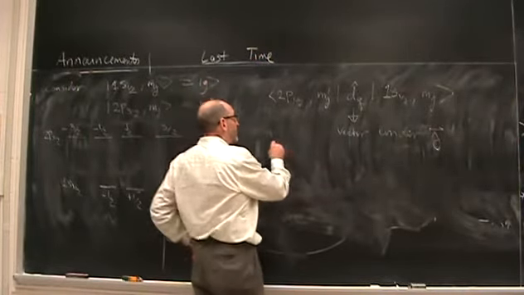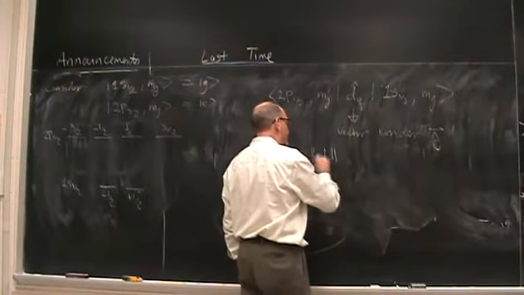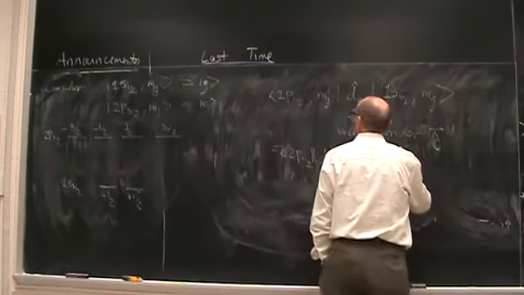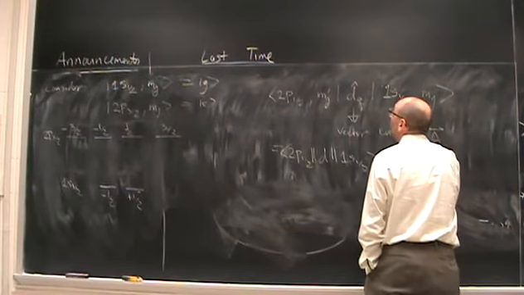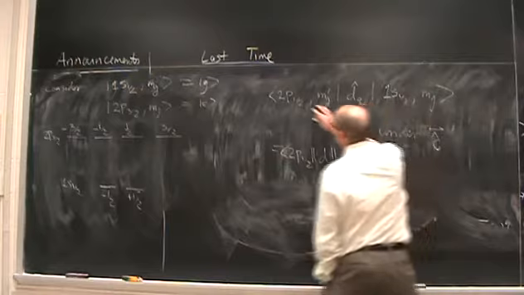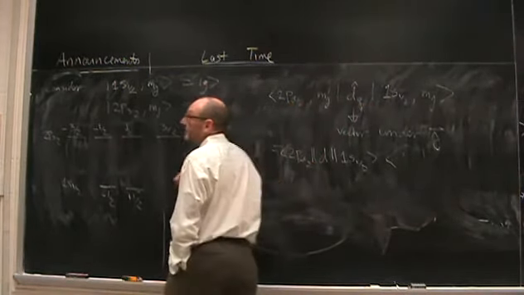So the Wigner-Eckart theorem applies. There's the reduced dipole matrix element and the Clebsch-Gordan coefficient. This should be 3/2, probably. That's what I'm looking at.